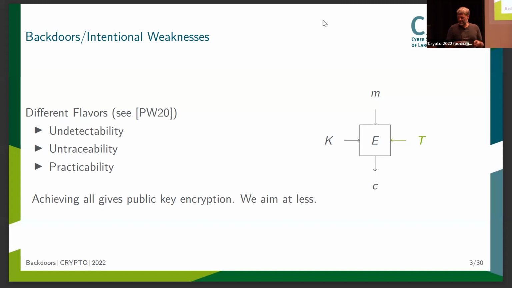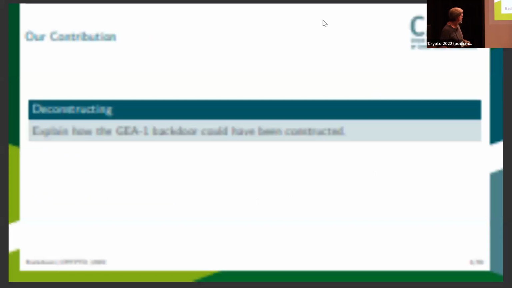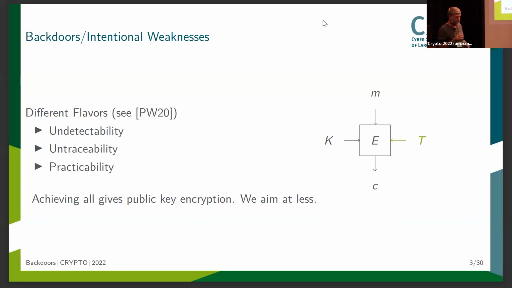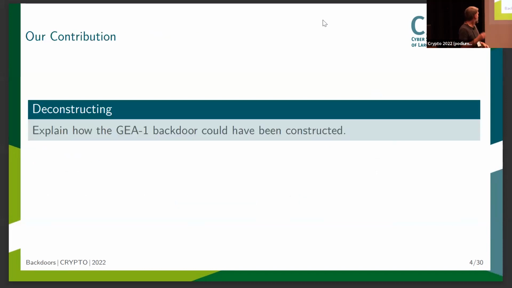And if you actually achieve all these properties, then you basically get a public key scheme. And we don't, so we aim at less. But it's an interesting approach to public key, I think. What we are not achieving is untraceability, so our backdoors, once used, are kind of revealed. The paper has two contributions.